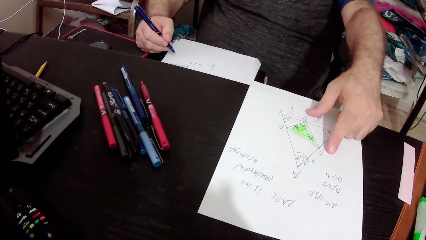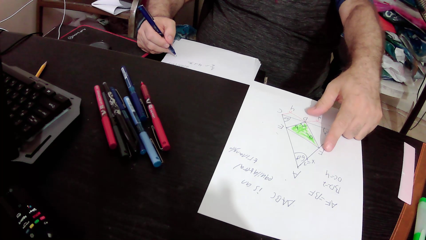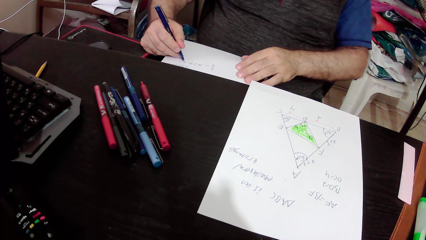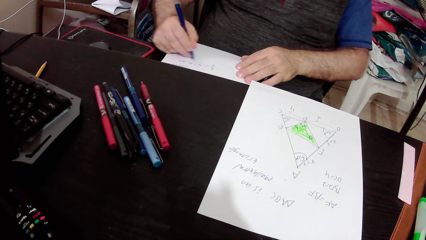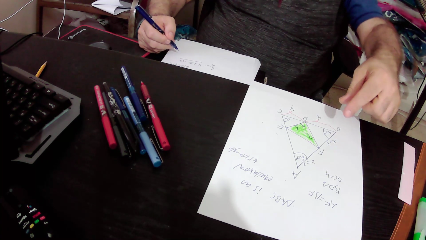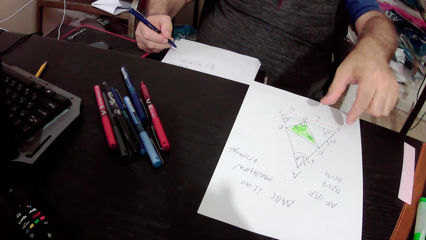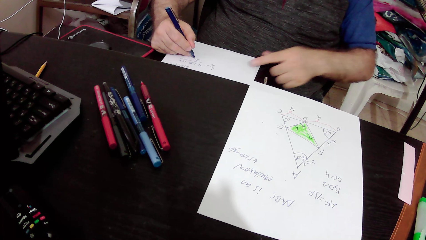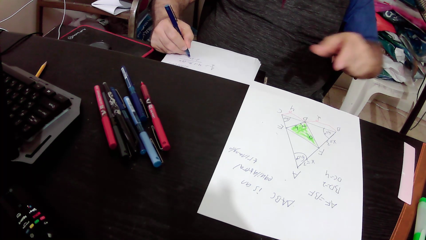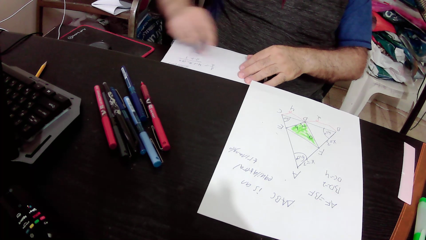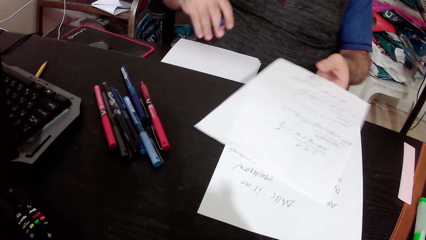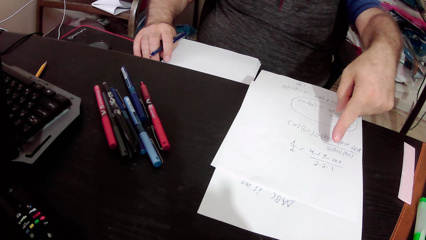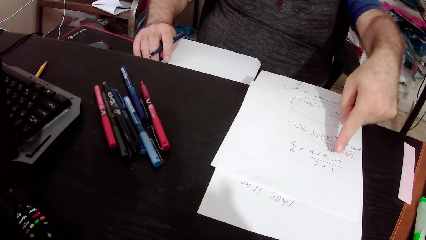minus FD square. FD is defined as A, so FD square is minus A square over 2 times BD times BF. 2 times BD is 2 and BF is 3. So in total we got that half equals 4 plus 9 minus A square over 2 times 2 times 3.